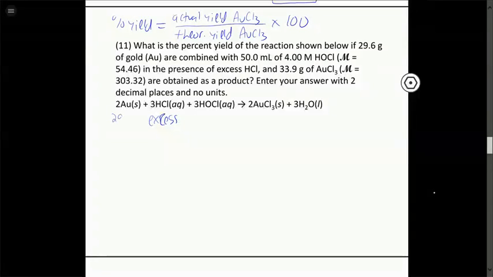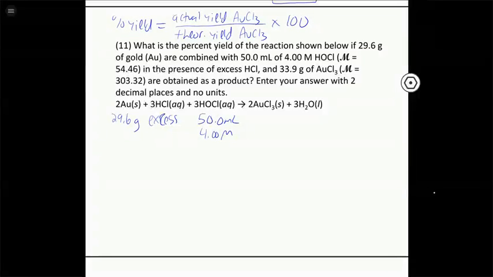We have 29.6 grams of gold. This is 50 milliliters and 4 molar. So we have 50 milliliters of that as a solution, and the molarity is 4. And then we're told that we're forming 33.9 grams. So because we are given amounts for both reactants, this is a case where we have to find the limiting reactant.